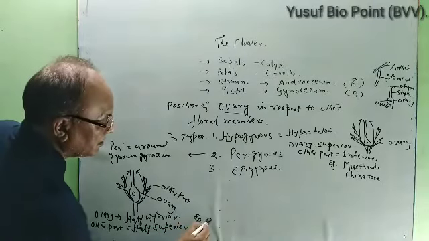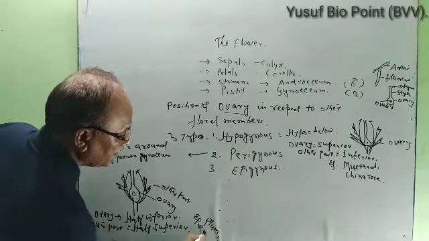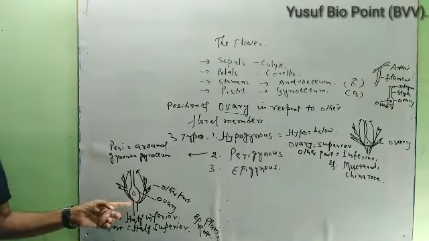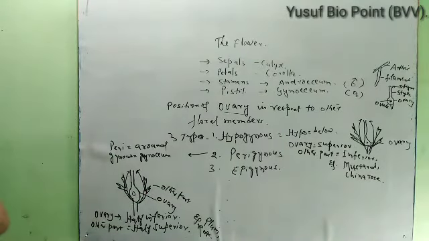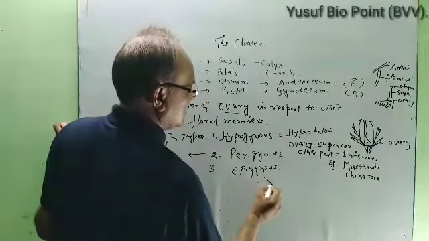Examples: plum, rose. The other parts are found around the gynoecium, so it is known as perigynous.